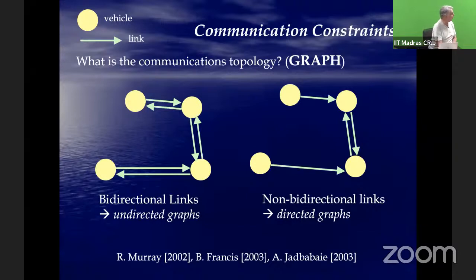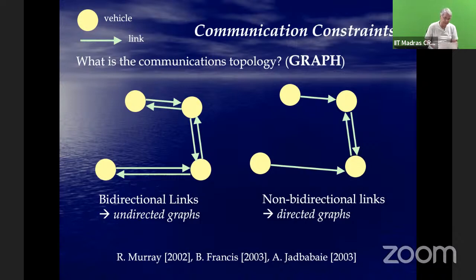So here is now the fundamental stuff that allowed people to do a breakthrough, which is to look at this consensus theory or cooperative systems. And if you look at the original work of Murray, Francis, and Jadbabaie, how did they address the constraints on communication?